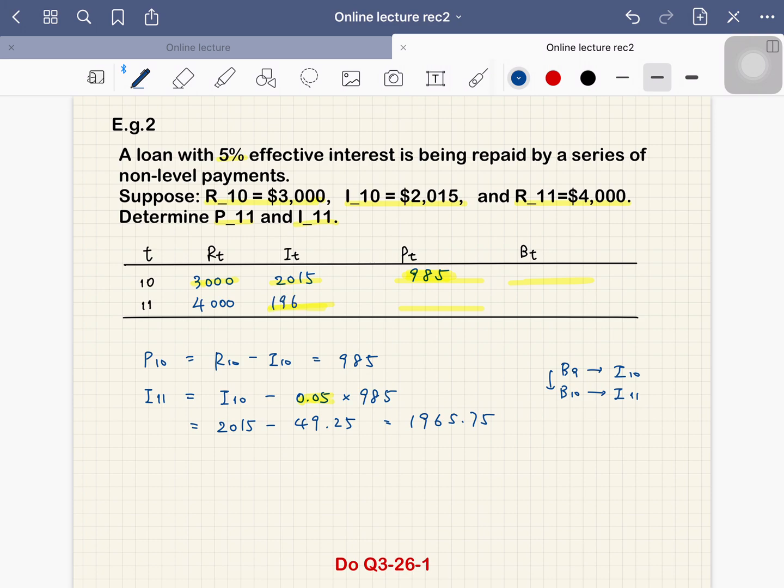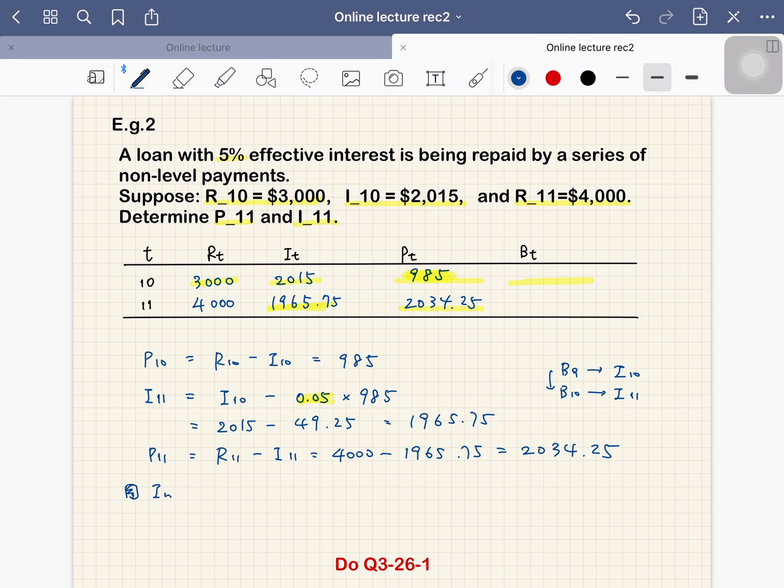So that means P11 is R11 minus I11, so 4,000 minus 1965.75, so this is 2034.25. In this way, we can calculate I11 and P11.